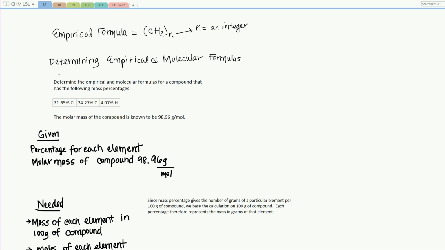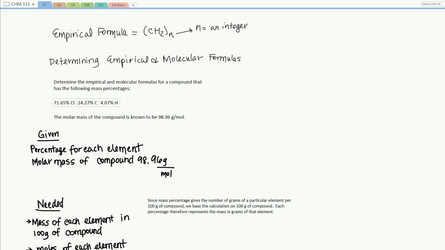We are given this question to determine the empirical and molecular formulas for a compound that has the following mass percentages: 71.65% chlorine, 24.27% carbon, and 4.07% hydrogen. The molar mass of the compound is known to be 98.96 grams per mole.